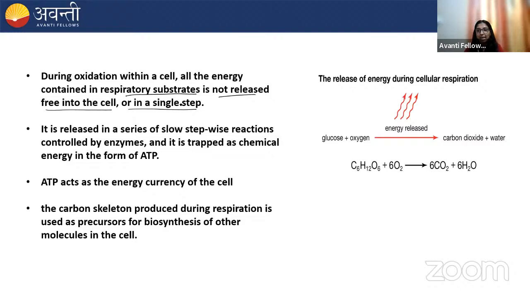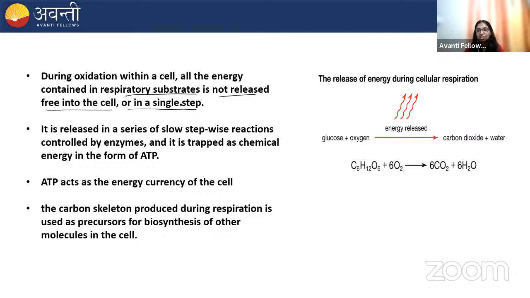So when the glucose is broken down into pyruvate, or when the complete oxidation of glucose takes place, the glucose is converted to simpler compounds like carbon dioxide and water, which we call complete oxidation. In this, the energy is not released in just one step. The energy is released in several steps. There are several steps taking place in this respiratory pathway.